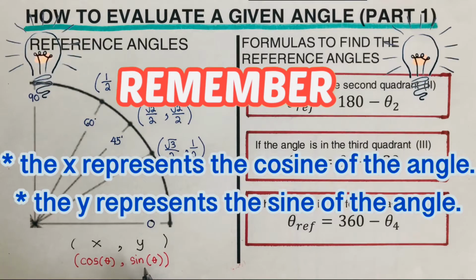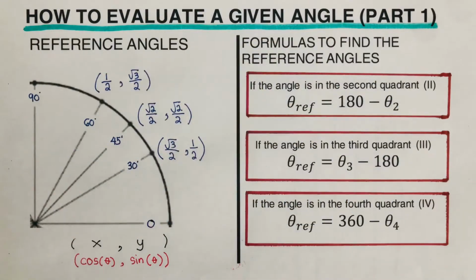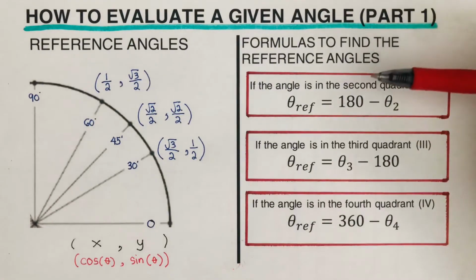Another very important thing to remember is that once we're given angles that are not in the first quadrant, we need to determine its reference angle so that we can determine the sine and cosine of that angle. And so we need to use these formulas to find the reference angle.